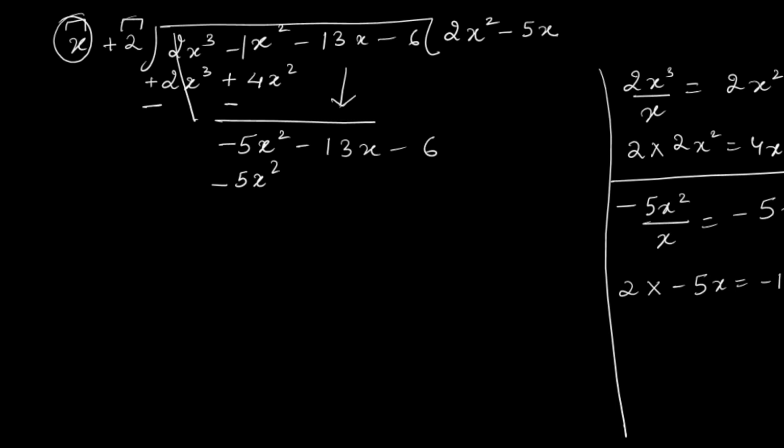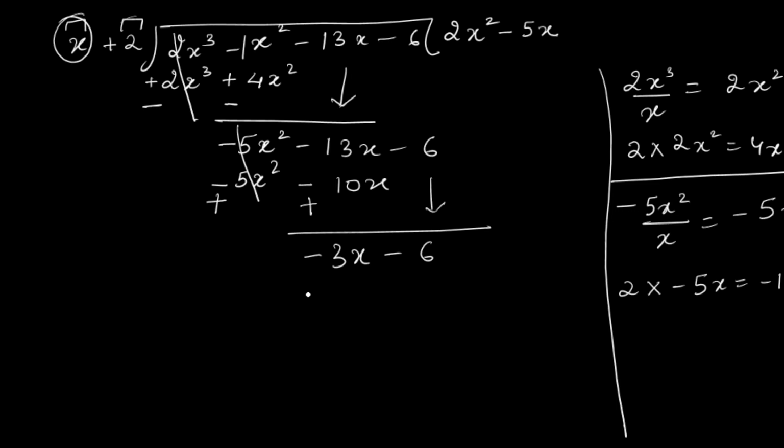This we write under the like term, minus 13x. Now again we change the signs: plus will change to minus, and minus will change to plus. So this cancels. Now minus 13 plus 10 is minus 3. Minus 3x minus 6, the 6 I brought down.